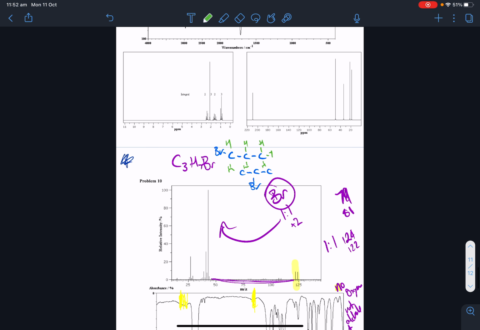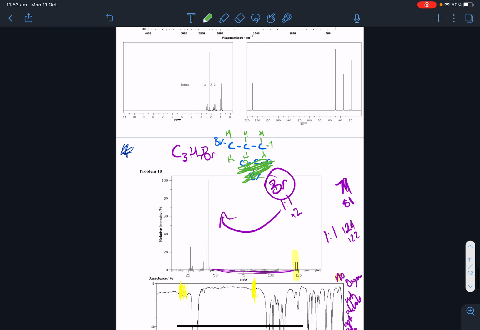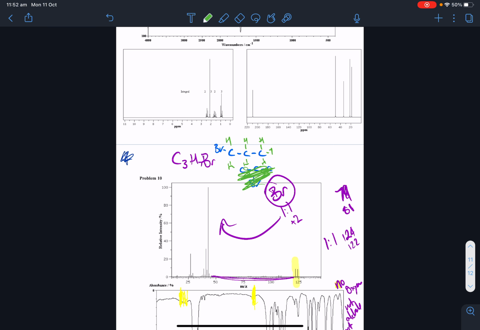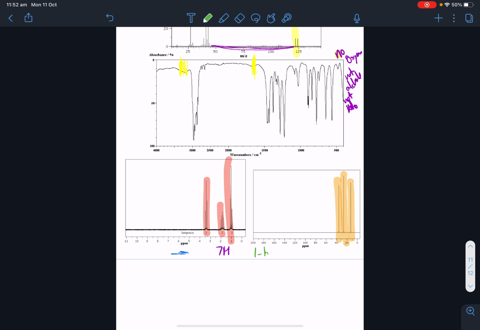Let's just make sure this other one would have 3, 1, 3. It's the symmetrical one here. It would have 6 and then 1. It would only have 2 hydrogen environments. So it's this one up here. It's 1-bromopropane.